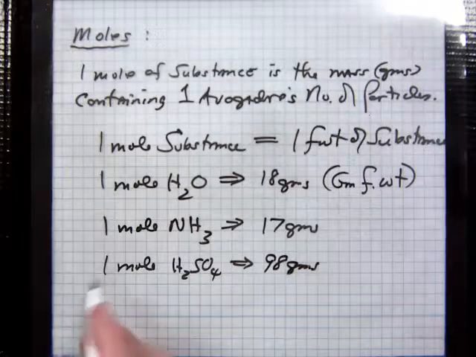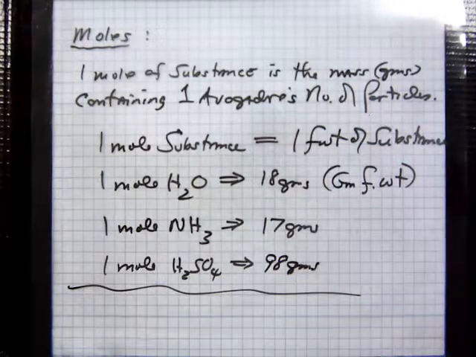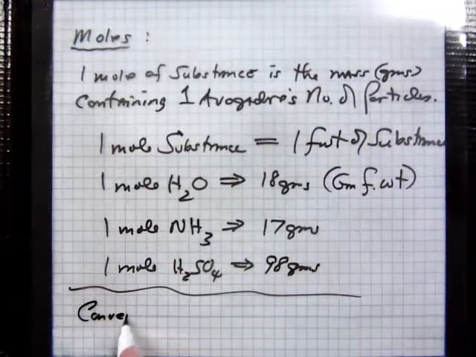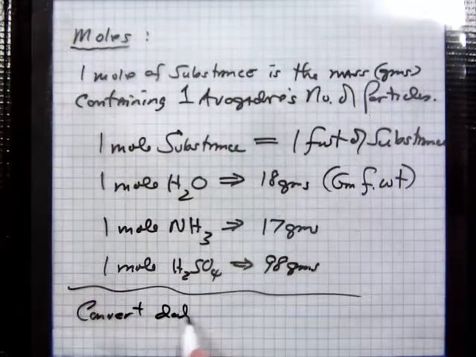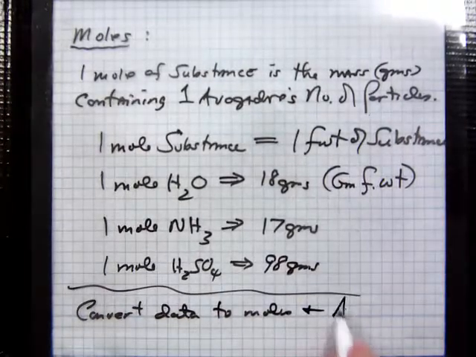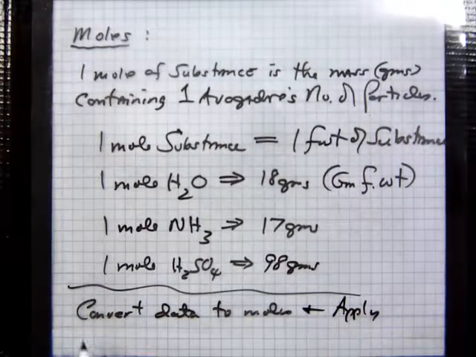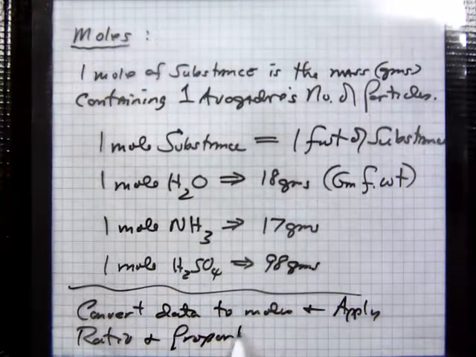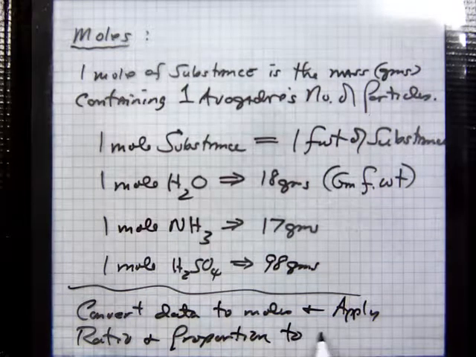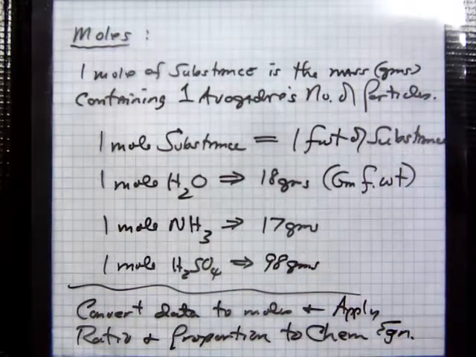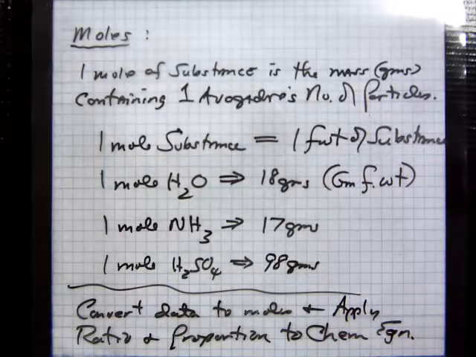Now, what do you need with this? You need to be able to convert given data to moles so that you can apply ratio and proportion to a chemical equation.